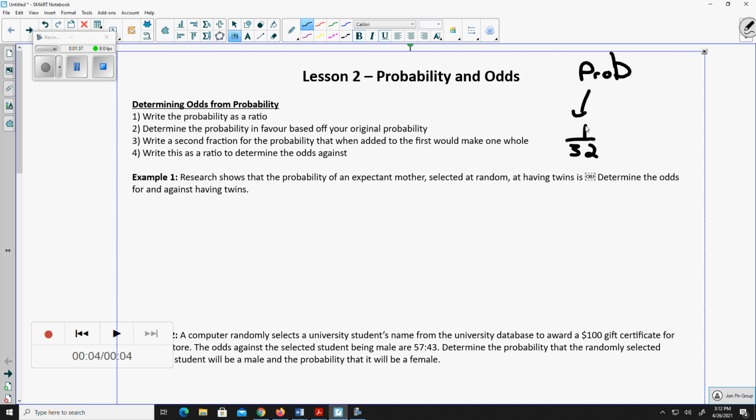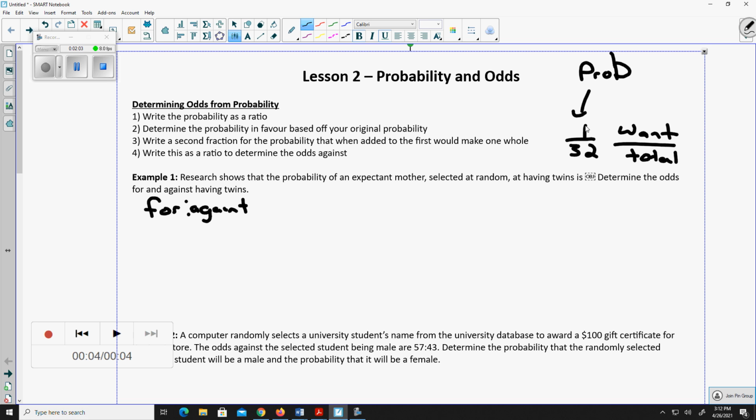Okay, so we want to now write that as odds. So that would be, remember, your ratio for probability is for and against. And remember for probability here, it's what you want out of the total.